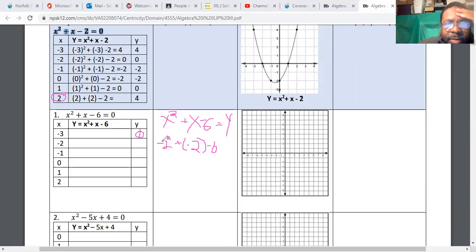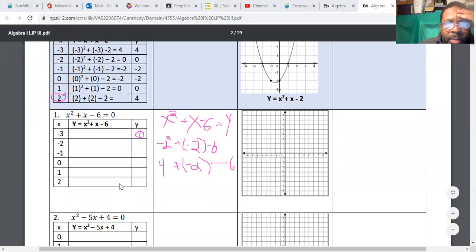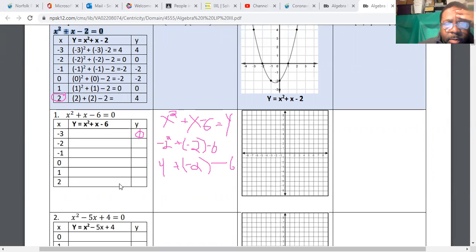Okay, negative 2 squared is going to give us 4. Negative 2 times negative 2 is 4. All right, 4 plus negative 2 minus 6. Let's use our handy dandy calculator. 4 plus negative 2 minus 6 is negative 4.